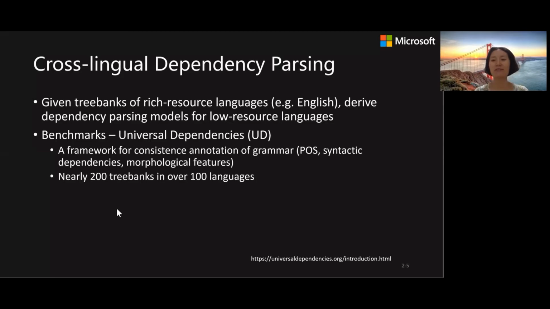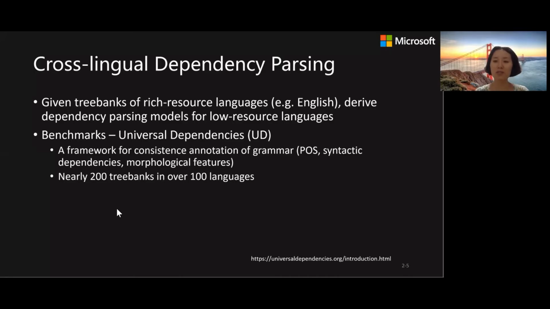However, when we scale it to other languages, we often face the challenge of lacking annotated data. So cross-lingual dependency parsing aims to tackle this challenge. It derives parsing models for low-resource languages, given treebanks of rich-resource languages.